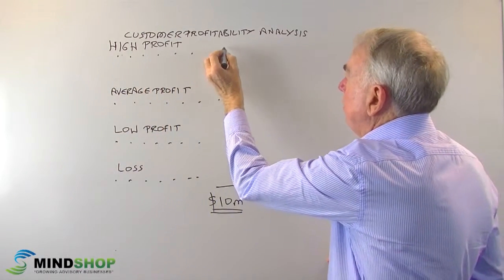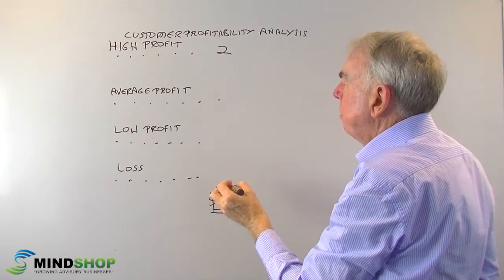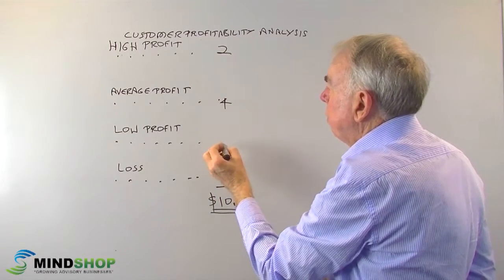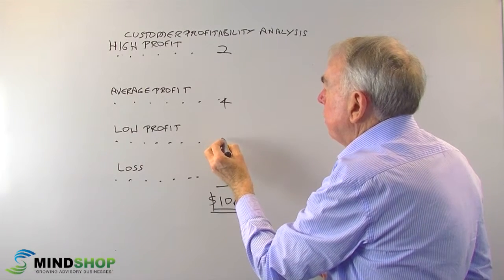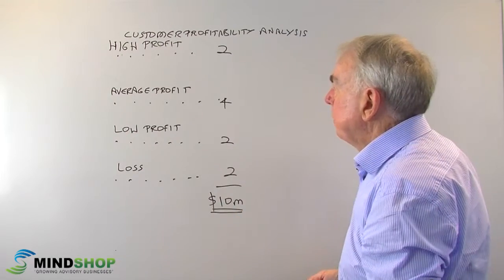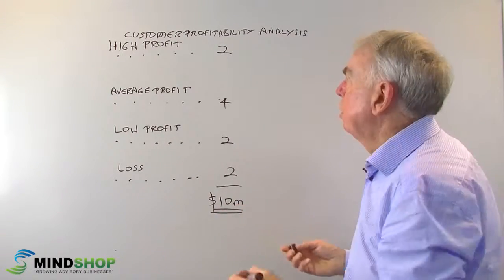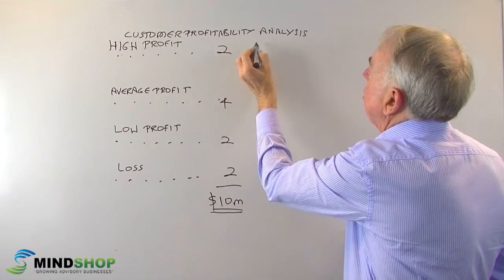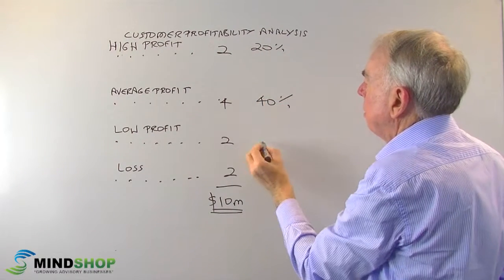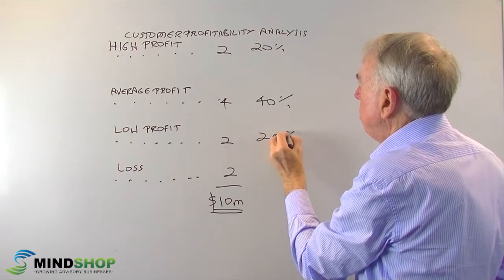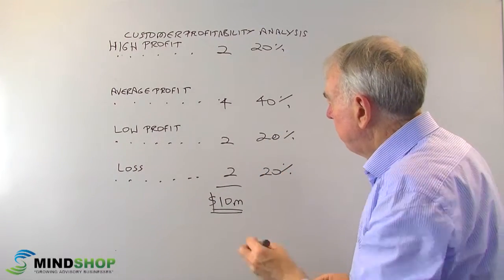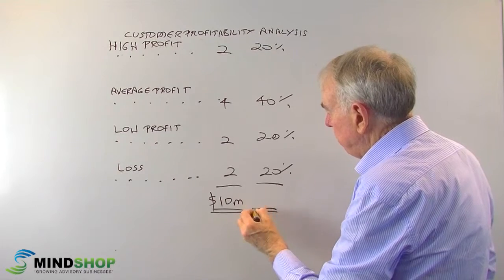You might find it's perhaps $2 million there, $4 million there, $2 million there and $2 million there. This is just an example. So then you put in the percentages, so it's 20%, 40%, 20%, and 20% equals 100%.